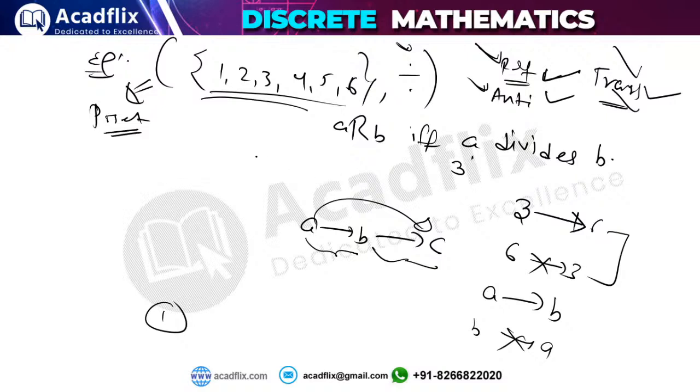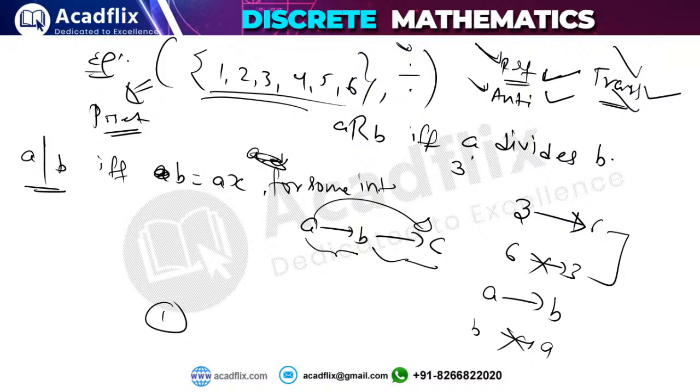You see, A divides B, let me write it like this. When do we say that A divides B? A divides B if and only if B is equal to A times x for some integer x.